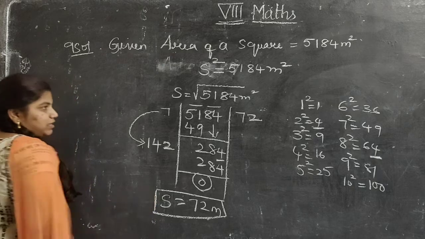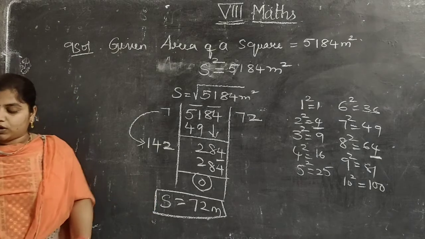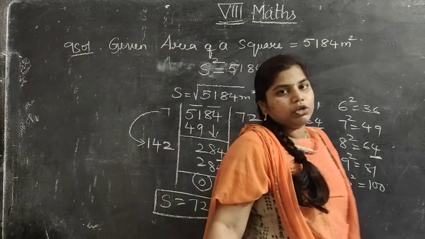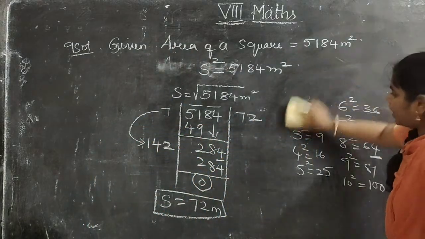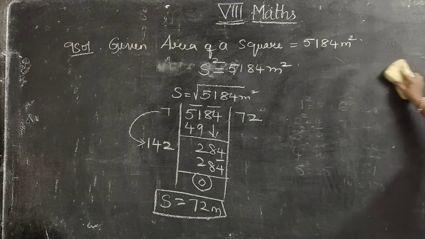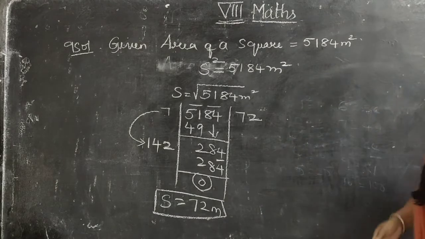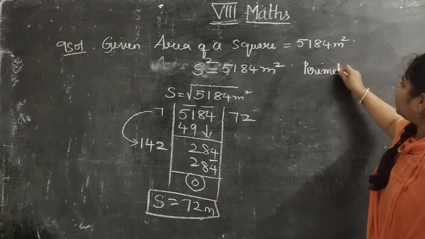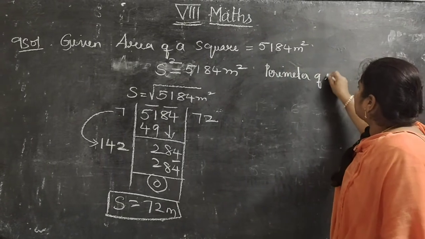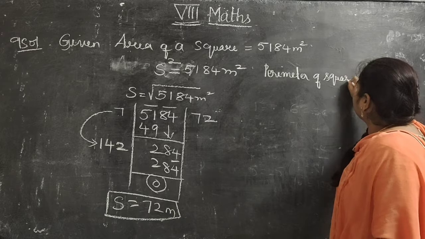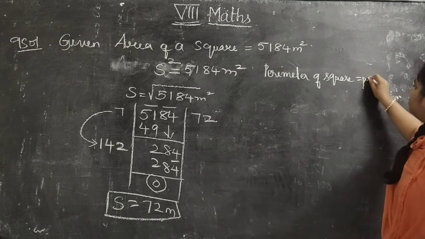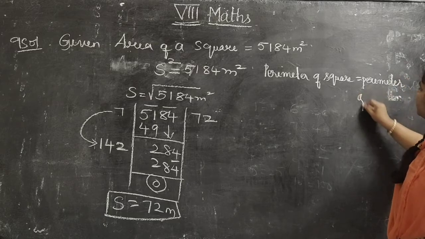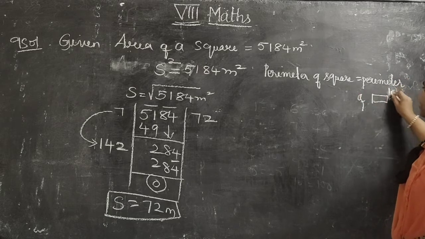Now by using this side we have to find the perimeter of a square. Already they have given the condition that the perimeter of a square and the perimeter of a rectangle are the same. So if you find the perimeter of a square, you will get the perimeter of the rectangle also. Perimeter of a square is equal to perimeter of a rectangle.